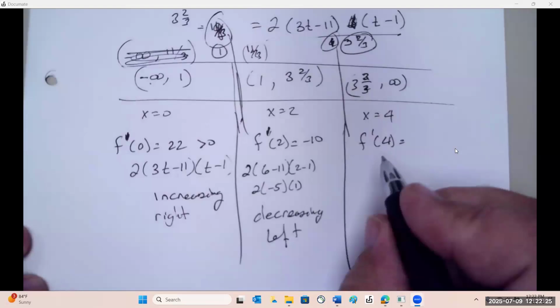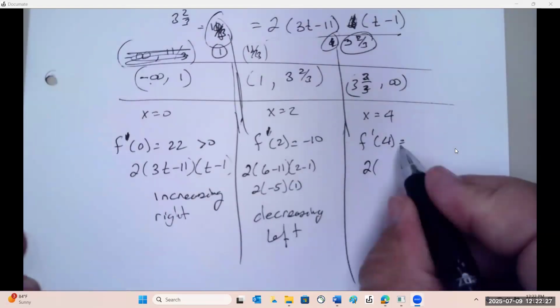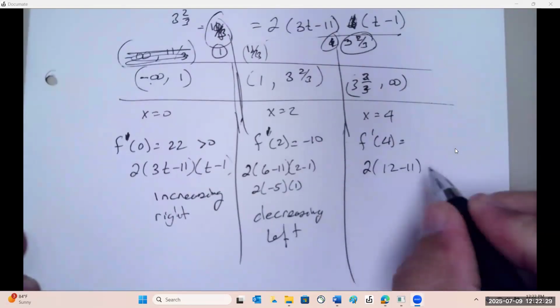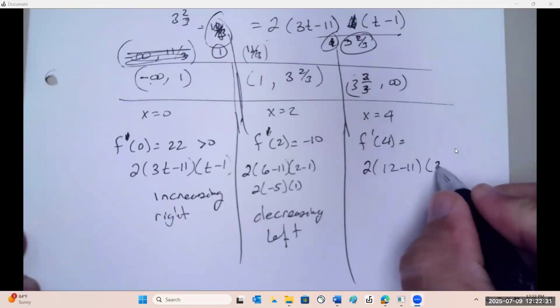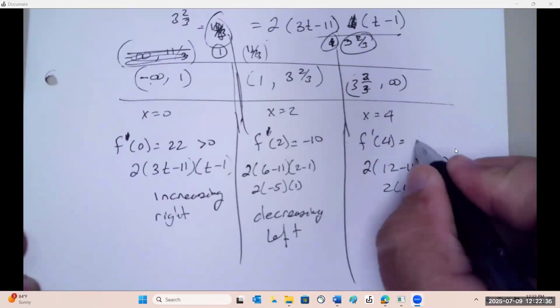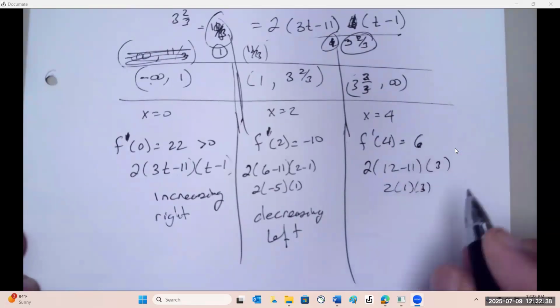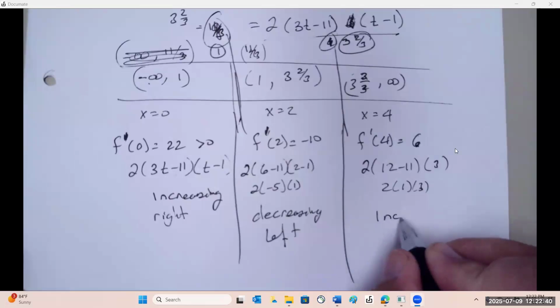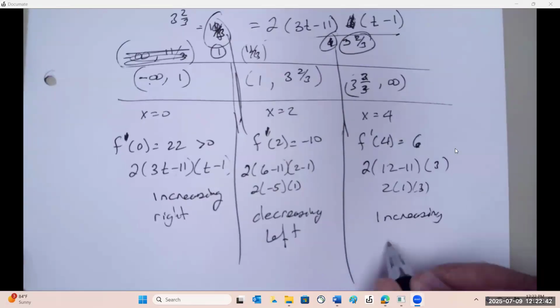And then at 4, 3 times 4 is 12 minus 11. 4 minus 1 is 3. So 2 times 1 times 3 is 6. It's positive. So it's increasing to the right.